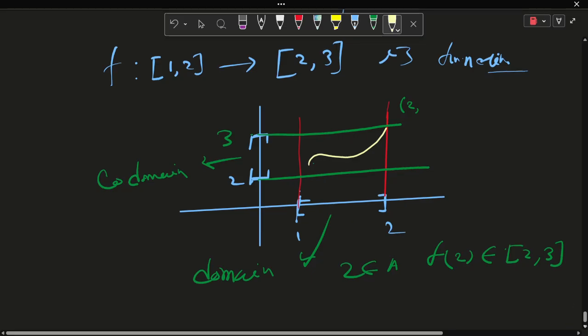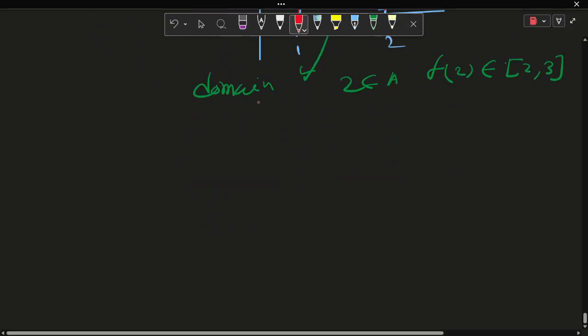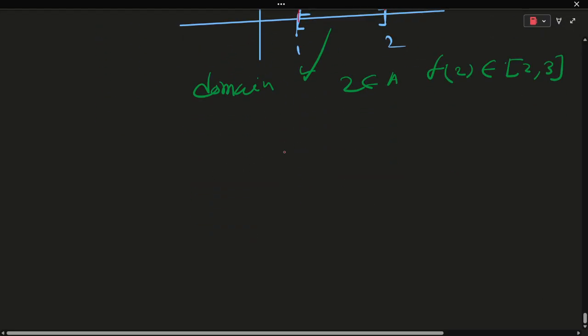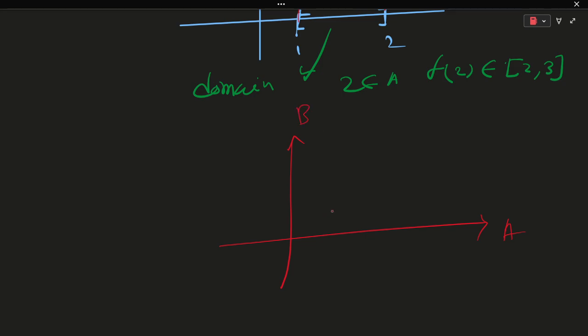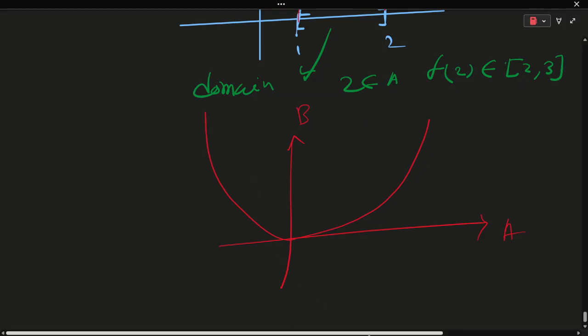Horizontal line test. Okay, if you take this as the domain and this as the codomain, and a function like this. This is a function, right? This is B, so this is a horizontal line.